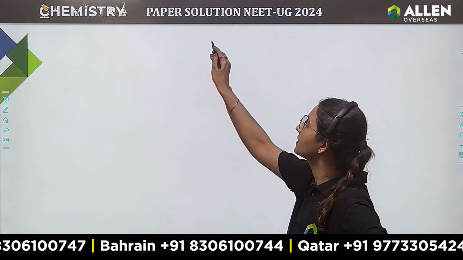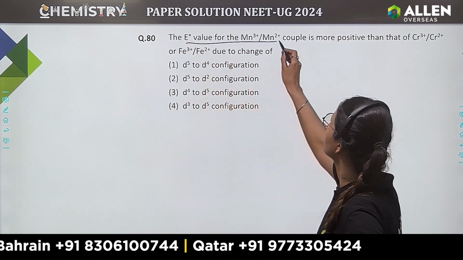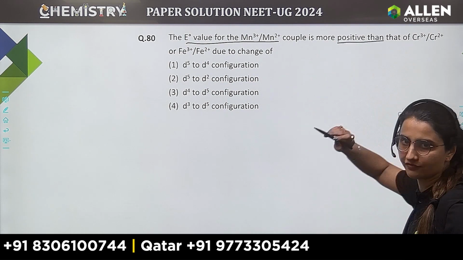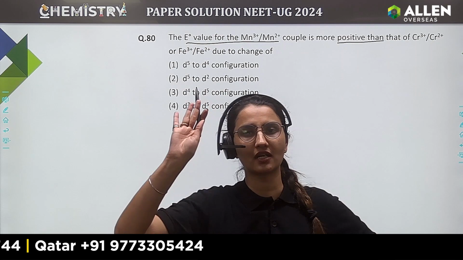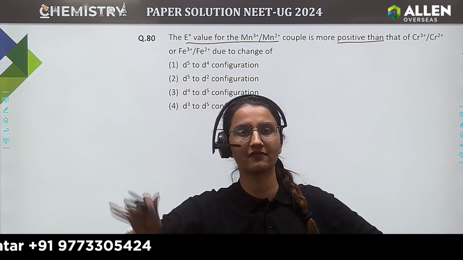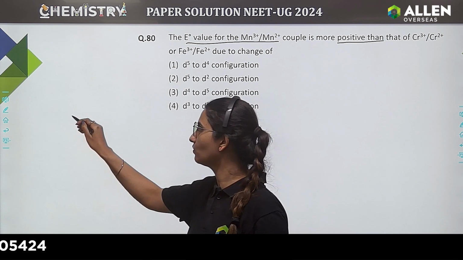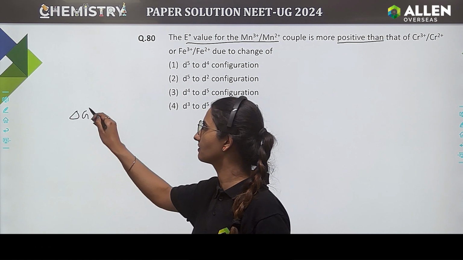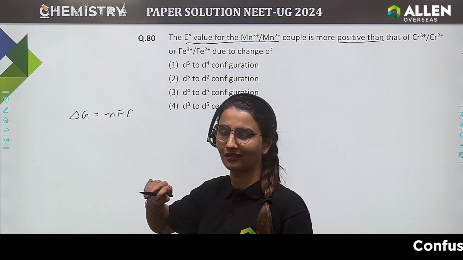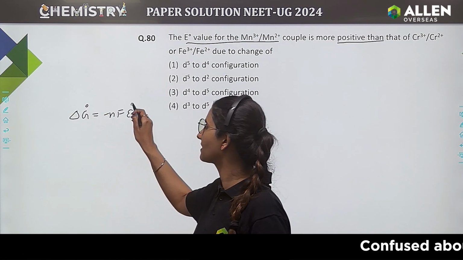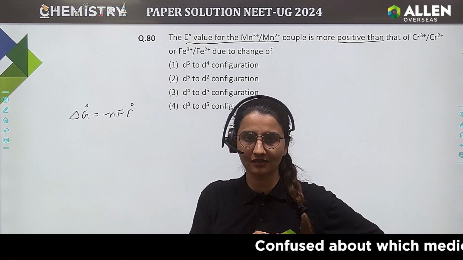They are saying E naught value for this couple is more positive than this. Students, Mn we already know that it has stable configuration everywhere it comes. First understand this concept. Students, we know that delta G is equal to minus nFE. Delta G naught is minus nF E naught. Standard state.